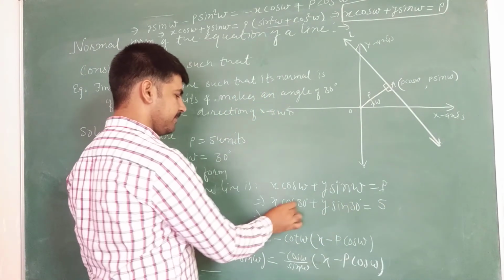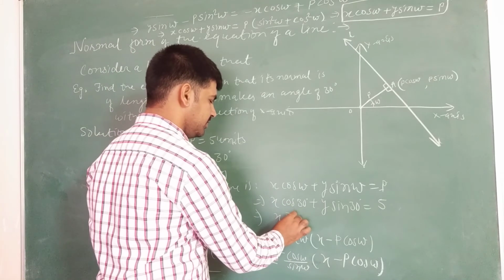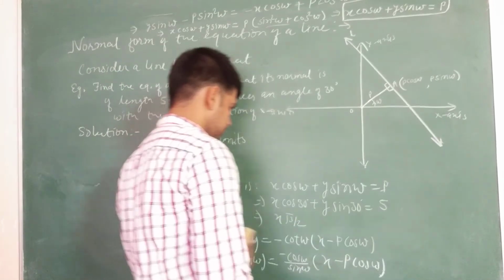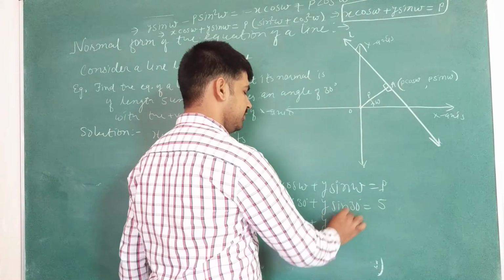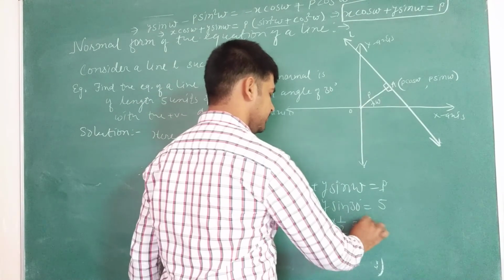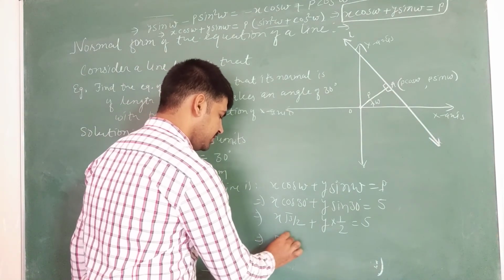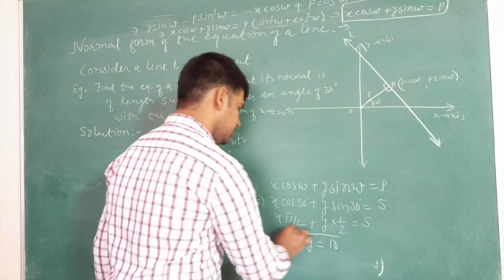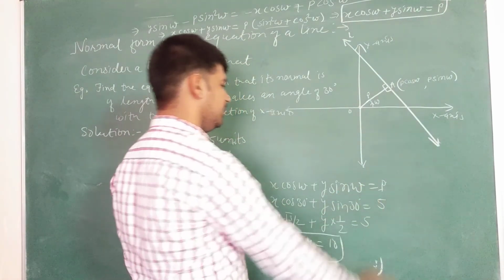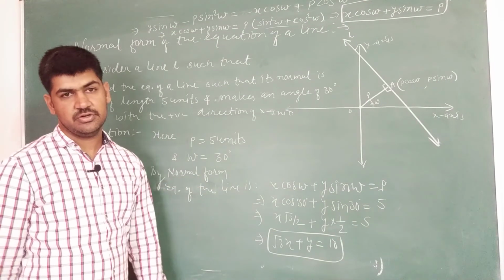Implies that x times the value of cos 30 degree, under root 3 upon 2, plus y times the value of sin 30 degree, 1 upon 2, is equal to 5, and on simplifying we get under root 3 x plus y is equal to 10 is the equation of the line. How have we got? By using the normal form of the equation of a line.